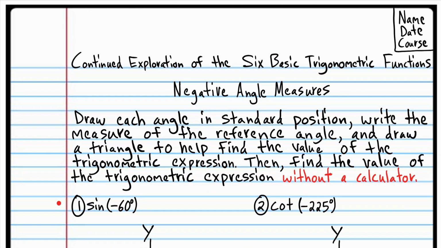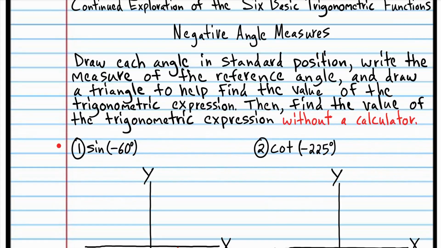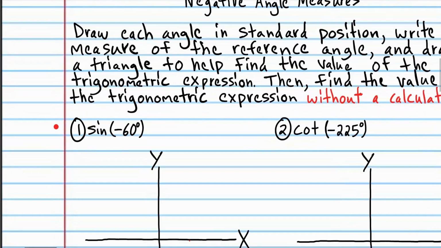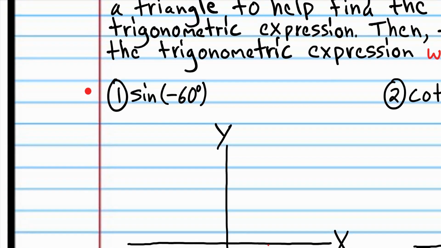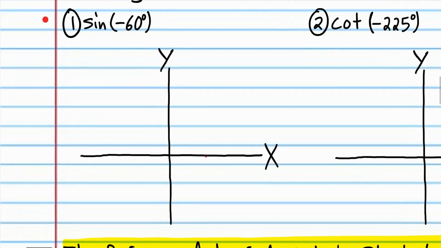In the previous class, we determined the value of trigonometric functions with positive angle measures, but we didn't go into negative angle measures, as you see here. Remember, when you evaluate a trigonometric expression geometrically, you draw a triangle on the xy coordinate system, and you always start on the positive part of the x-axis and rotate counterclockwise.